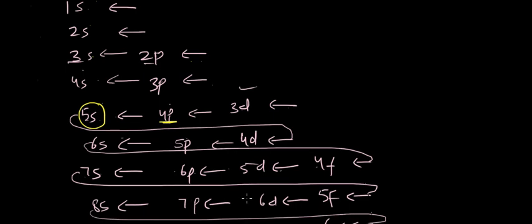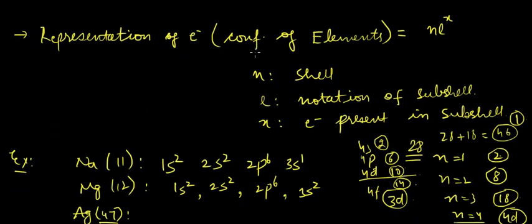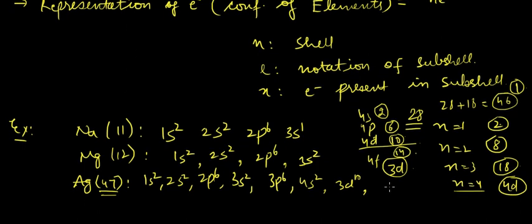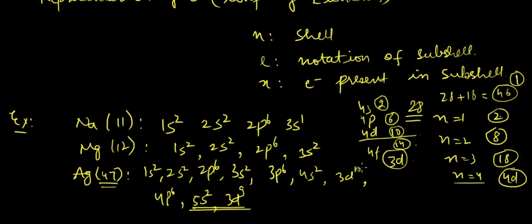So we would see the configuration of Ag: 1s2, 2s2, 2p6, 3s2, 3p6. Now after 3p, 4s would start, 4s2, then after 4s, 3d10, then 4p6, then 5s2, then 4d9. We will see the fully filled and half filled theory in the next lecture.